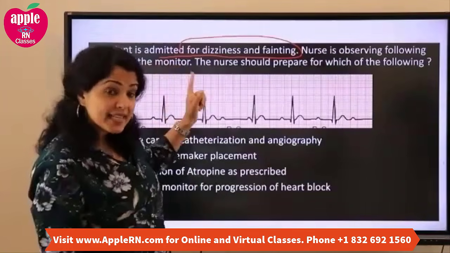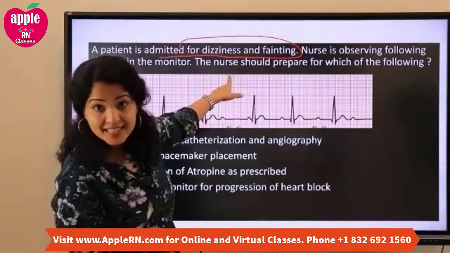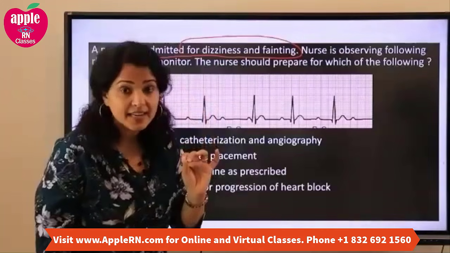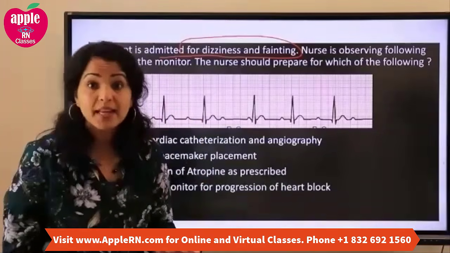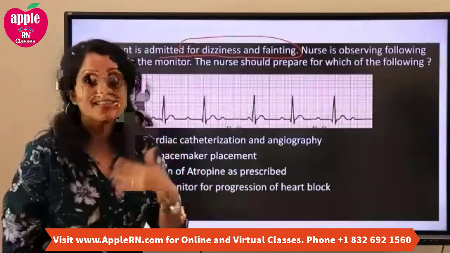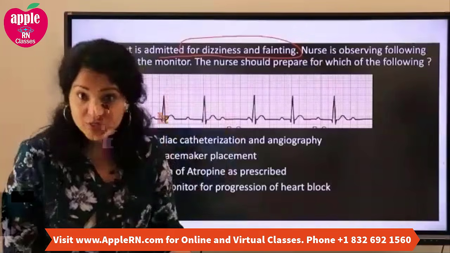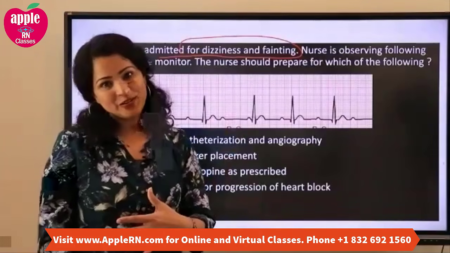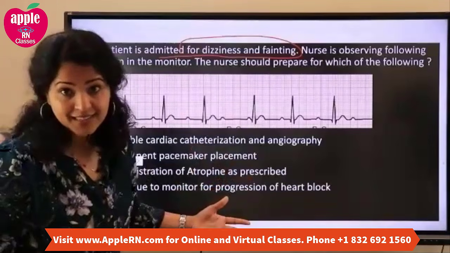In this one, it says there is fainting, there is dizziness. So because of that, we are taking it as a symptomatic problem. It's a thing which we have to do something about. It's not something we can just continue to monitor. We need to do something. And if we have to do something, what is the best thing to do? Well, we don't go for the pacemaker thing first, and it's type 1.